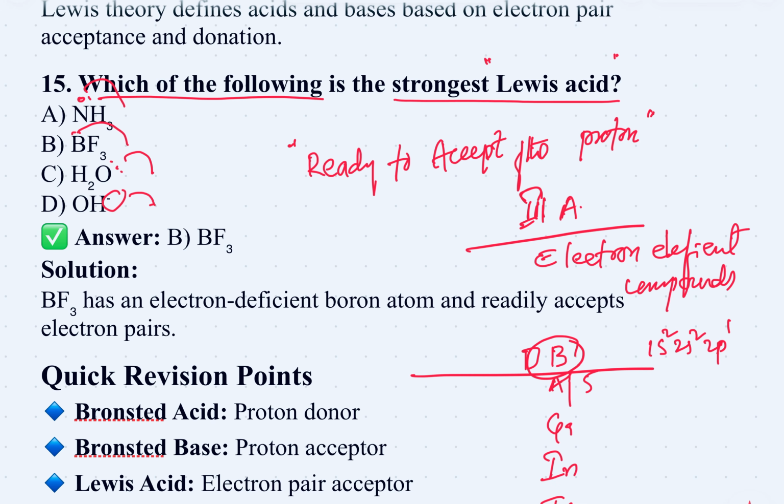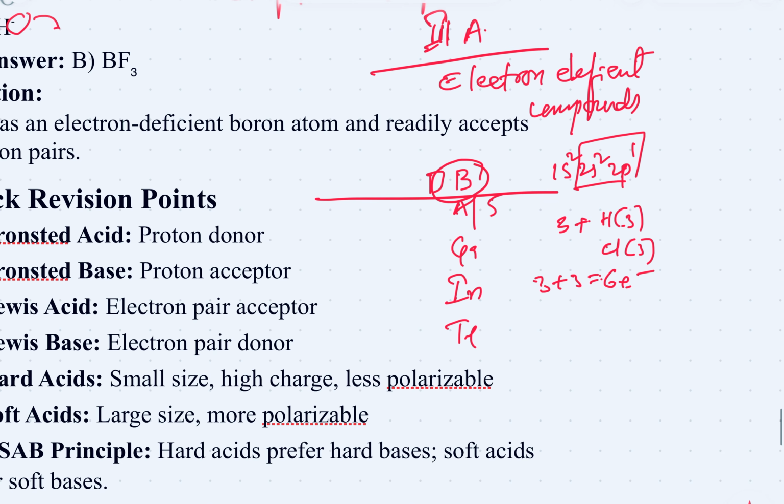So it requires a lone pair of electrons to get the octet. Only 3 electrons are in the valency, right? So 3 electrons in valency, it reacts with 3 chlorine atoms. We get 3 plus 3 is equal to 6 electrons. How many electrons? 6 electrons are there in a boron compound.